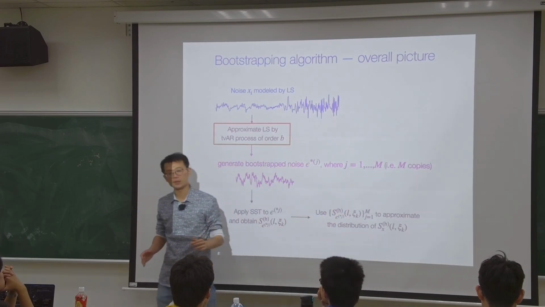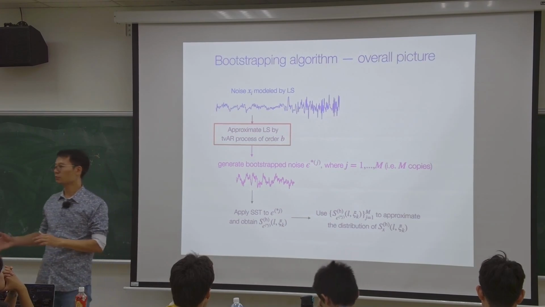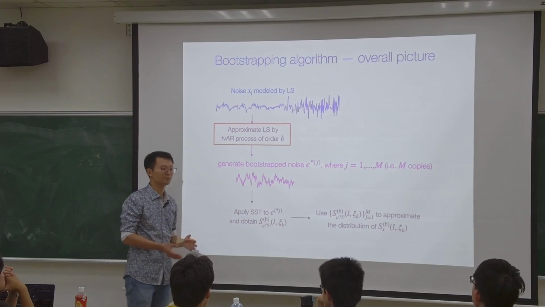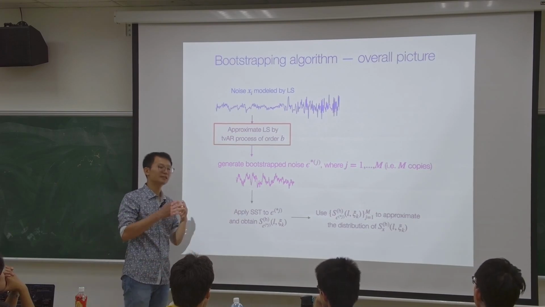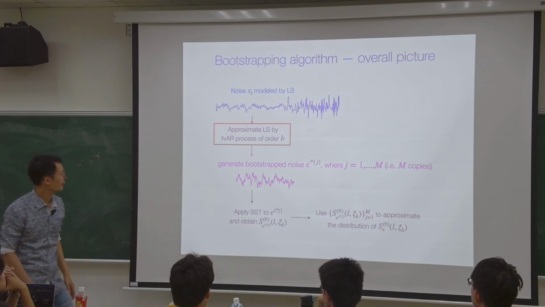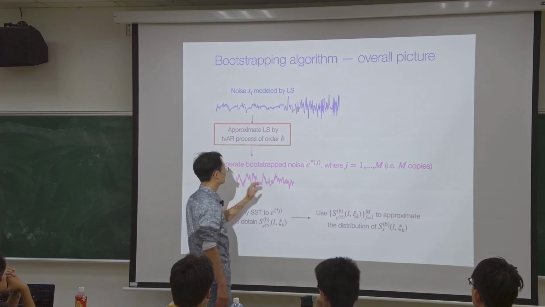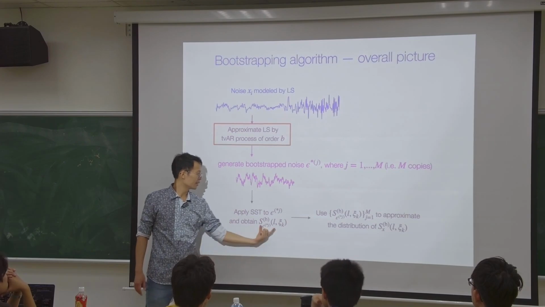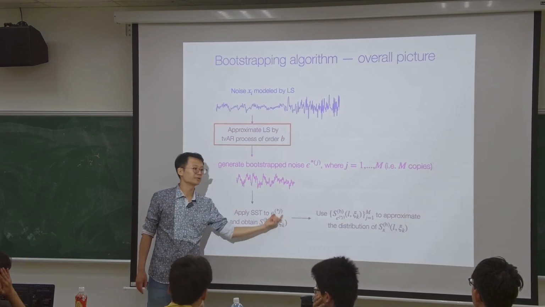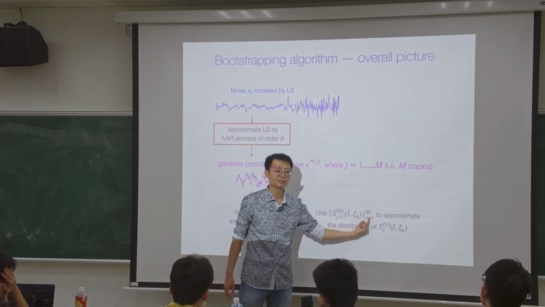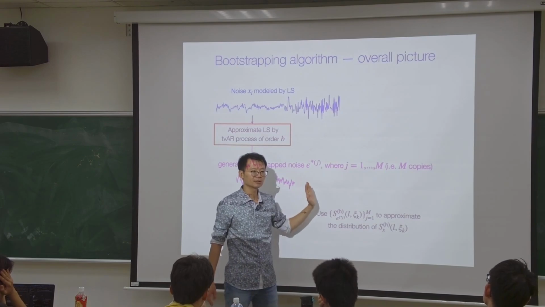You recall the notion of bootstrap, don't you? The bootstrap gives you an opportunity to sample and reconstruct the distribution of what you are interested in. So from this bootstrap noise, you apply the synchrosqueezing transform and obtain the synchrosqueezing transform for the jth time. You have m times, and all of them are independent.